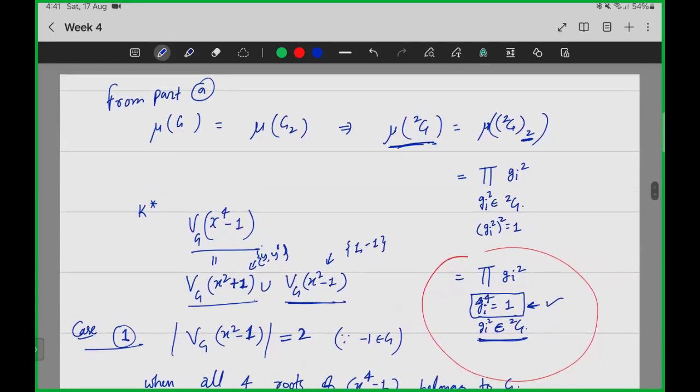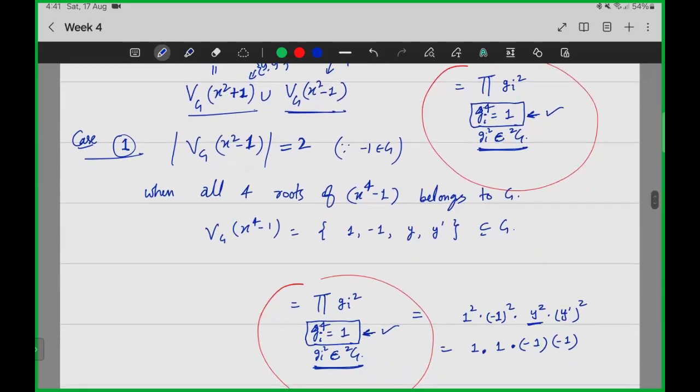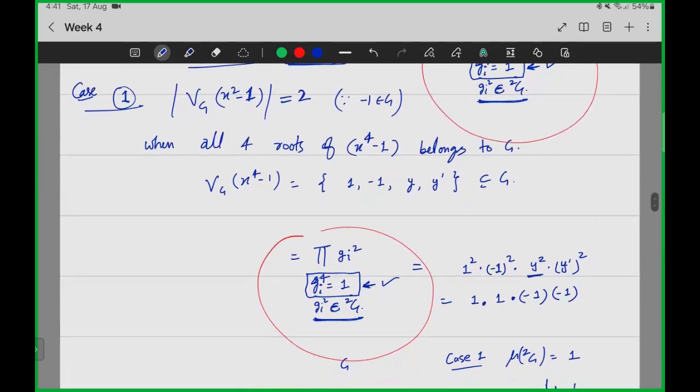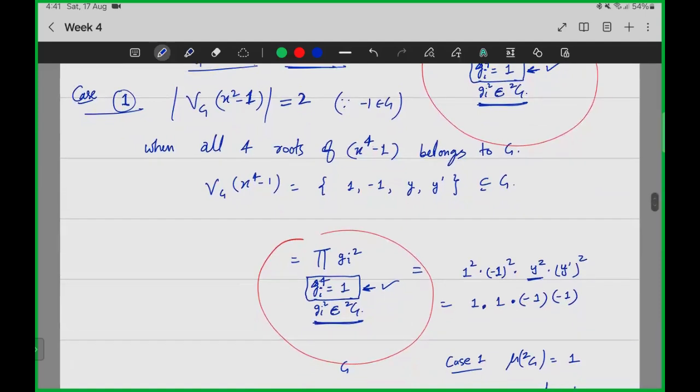I took the generator of the cyclic group to be A, and the elements whose fourth power is 1 are A raised to n by 4, A raised to 2n by 4, A raised to 3n by 4, and A raised to 4n by 4. And if I take the product of the square of these elements, I am also getting A raised to 5n, which is 1.